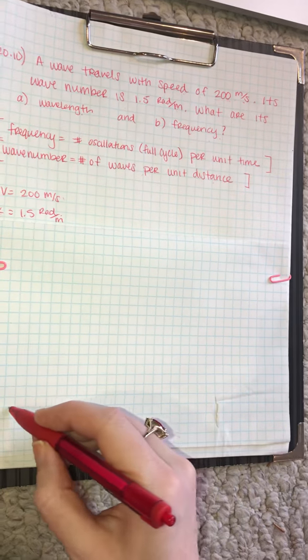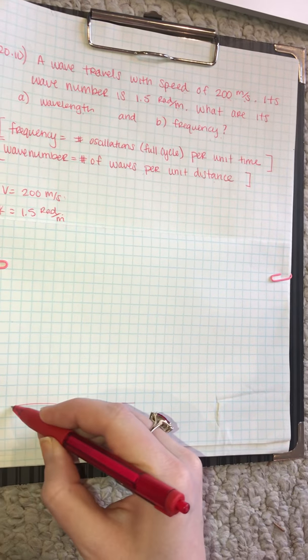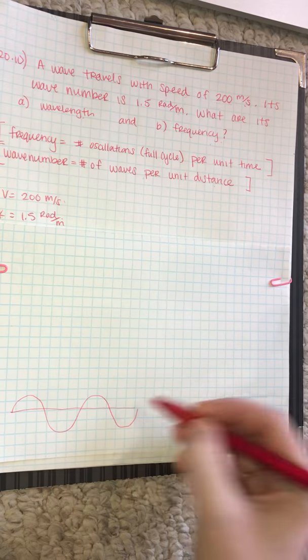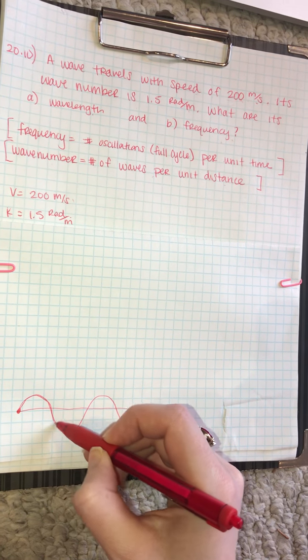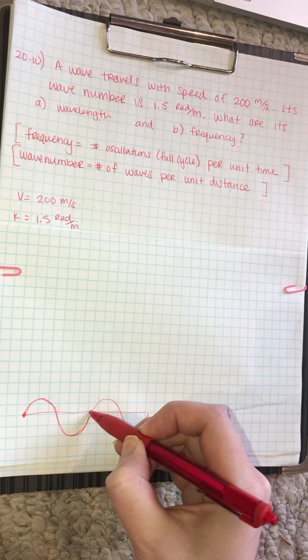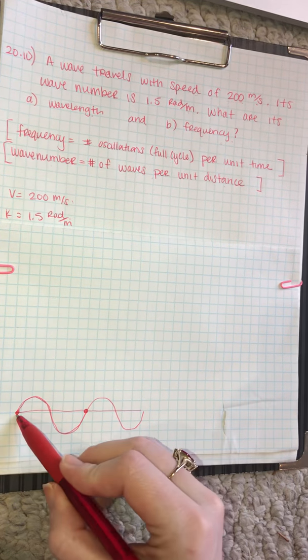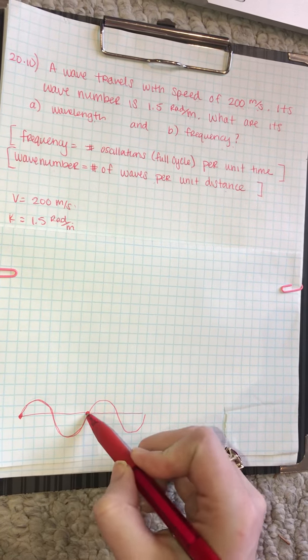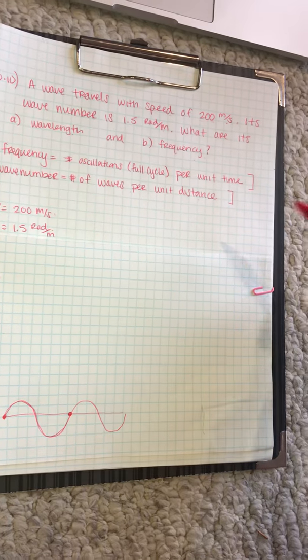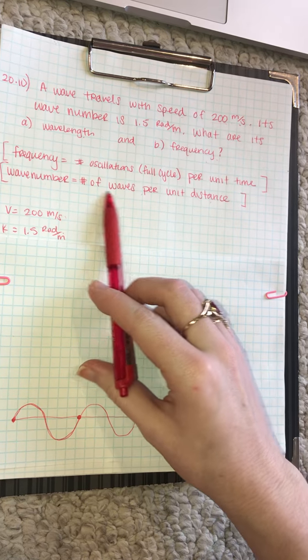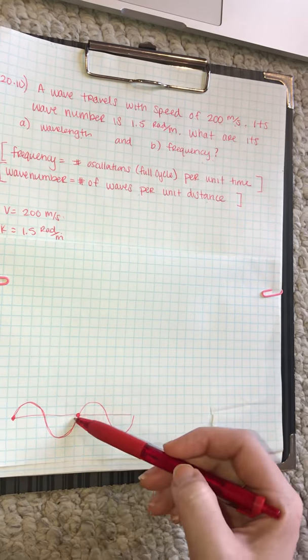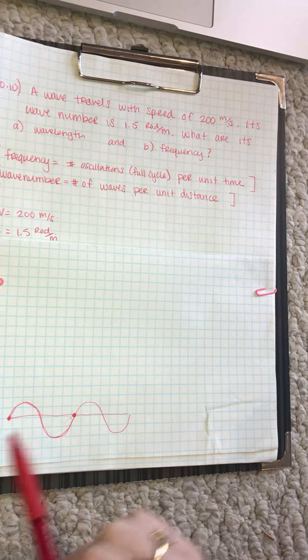So when I say wave, I mean like when you think of a sine wave, one wave or oscillation, it can also be called, is one full turn of the wave. So wave number again is counting the number of waves per unit distance that it passes.